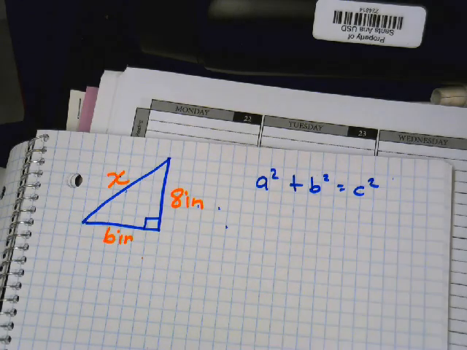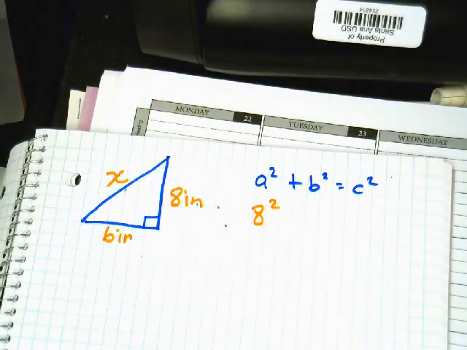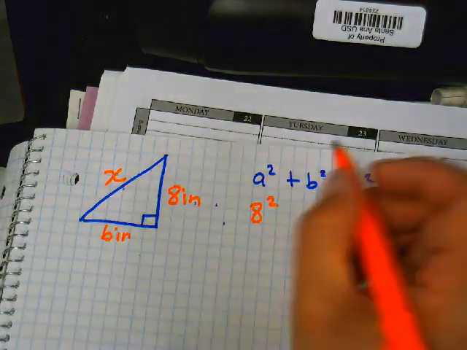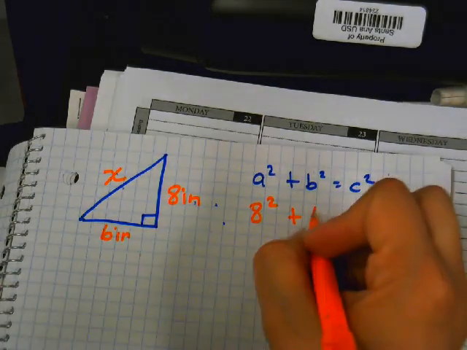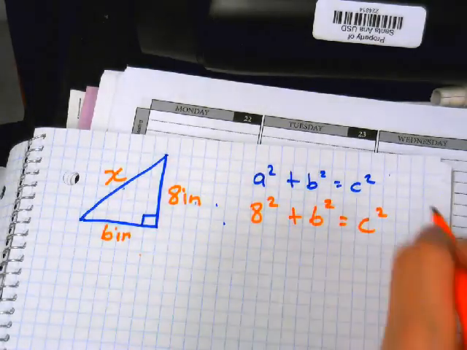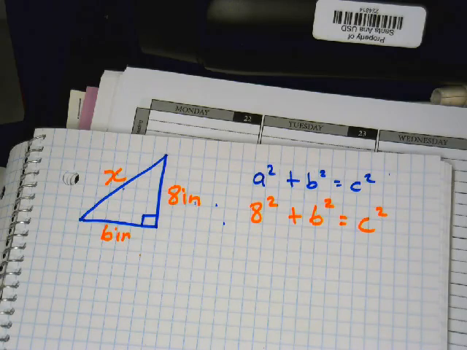What's a? 8. Okay. Could you write 6? Yes, it really doesn't matter. Plus, what's b? 6 squared equals c squared. Make sure you don't forget to square it. Some kids go too fast and they forget to square it and you don't get the right answer.